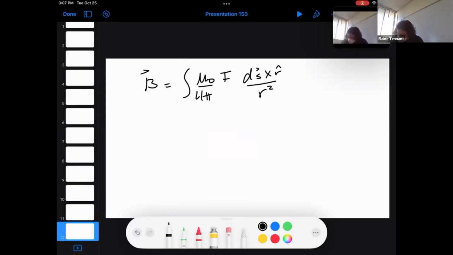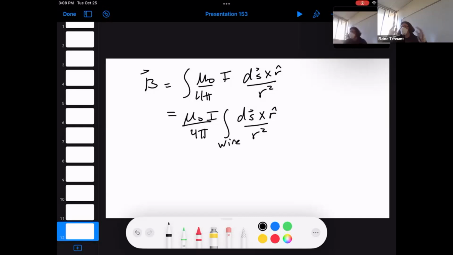Okay, that means that mu naught, I, and 4 pi are all going to be constants. And then we're going to integrate ds cross r hat over r squared over whatever portion or all of the wire that we care about.